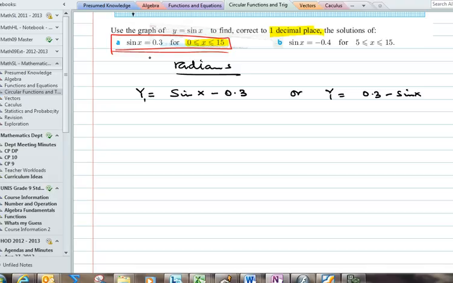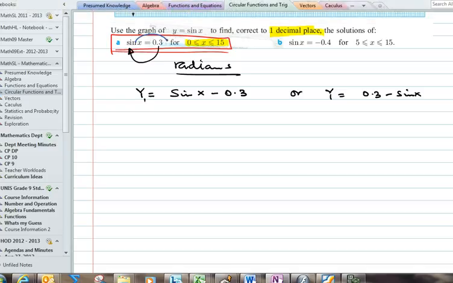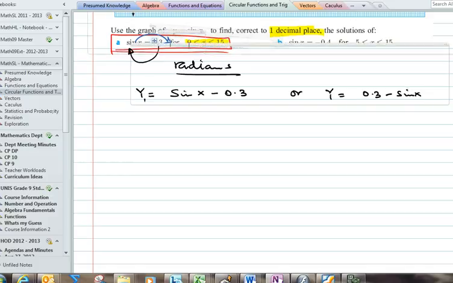The only difference is that while in the first case we have brought the 0.3 to the sine x, in the second case we will have brought the sine x to the 0.3. One of these graphs will be a reflection of the other, but the points where these graphs intersect the x-axis are going to be the same.